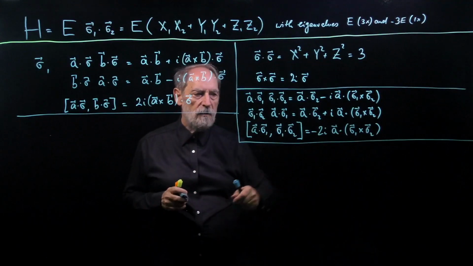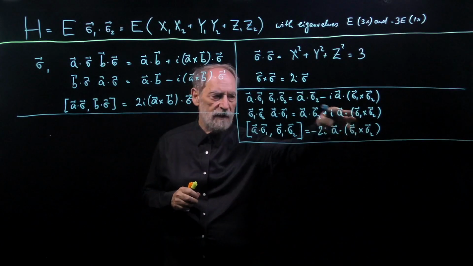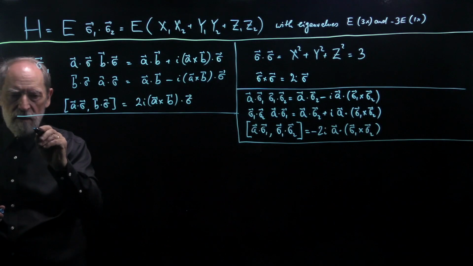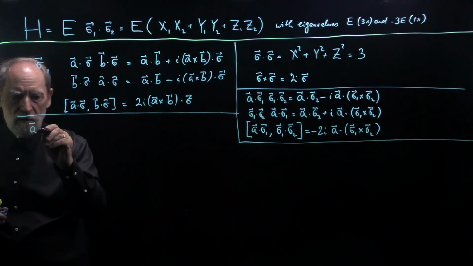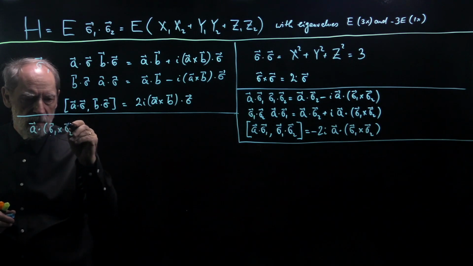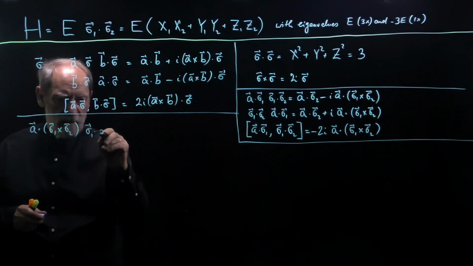So next we will look at the ingredients that we need to find the time derivative of a component of sigma 1 cross sigma 2. So we will look at a dot sigma 1 cross sigma 2 and then sigma 1 dot sigma 2.